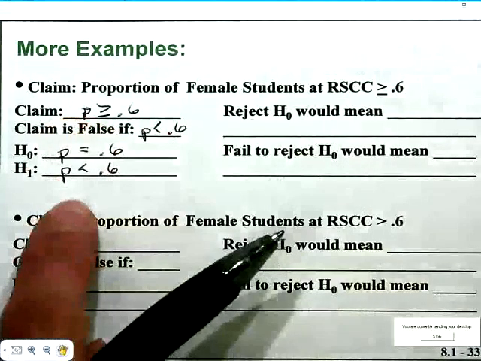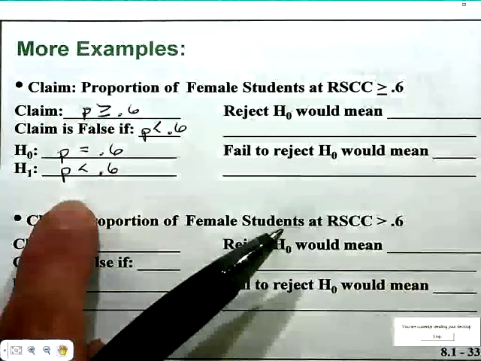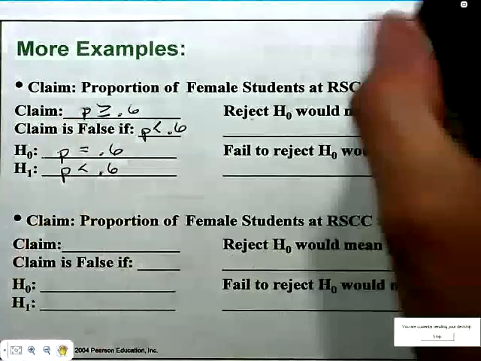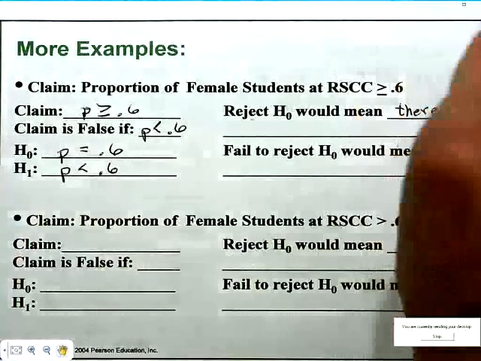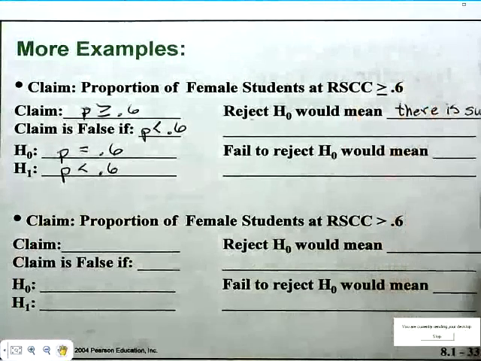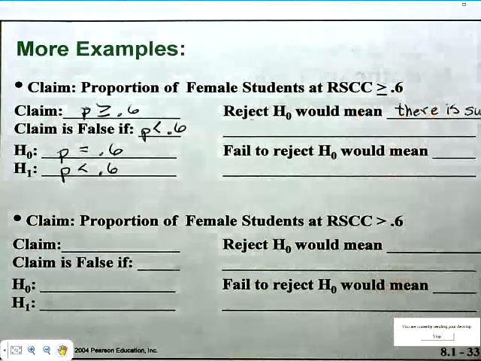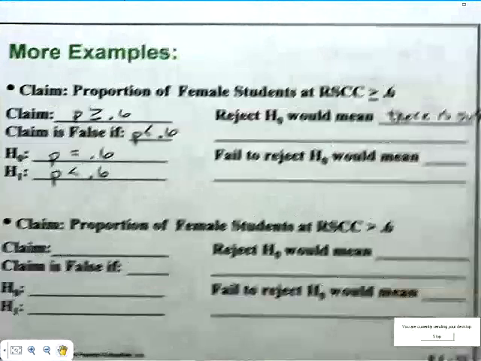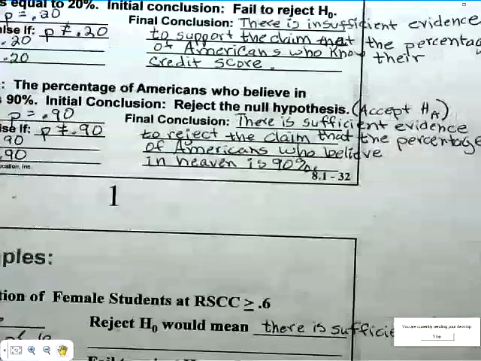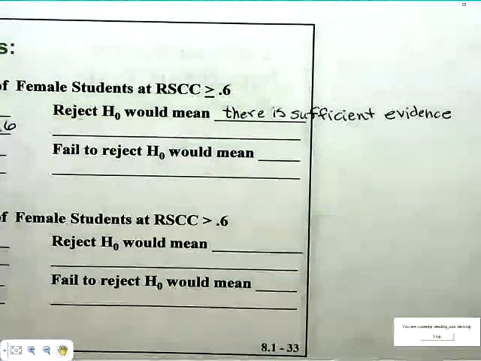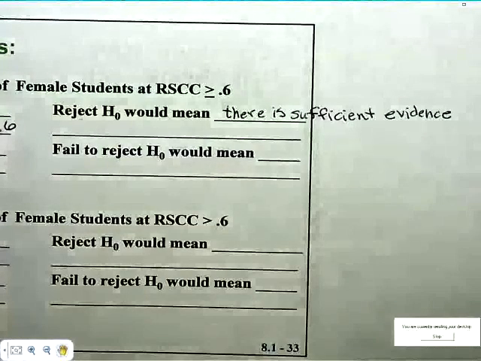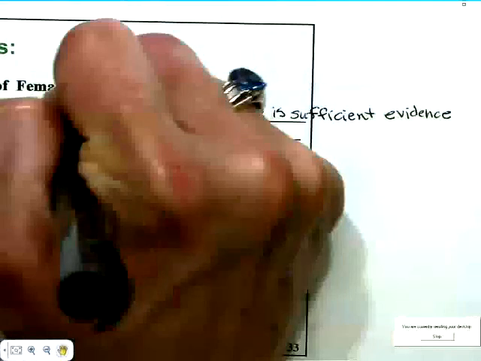So it does mean there is enough evidence, but then you have to say what there's enough evidence for. And it has to be in terms of the original claim. So there's enough evidence to reject the claim.